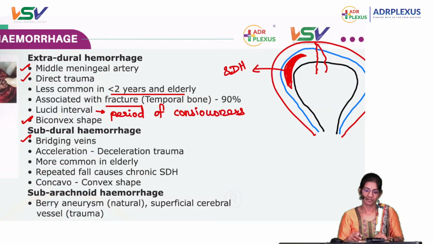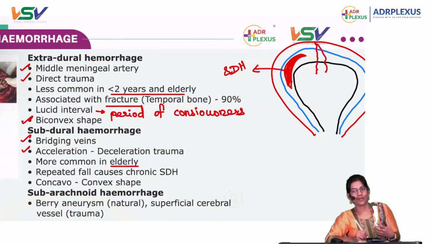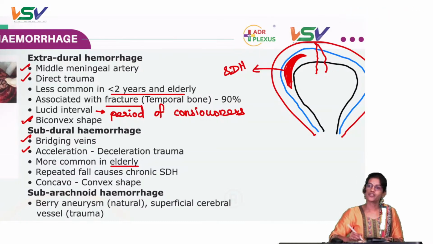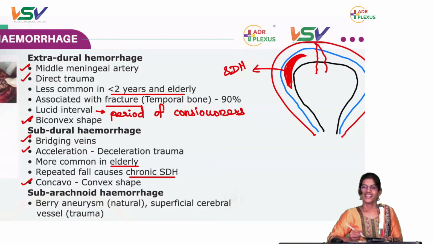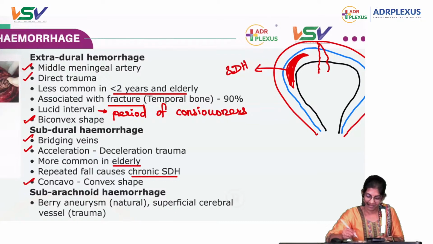More common in elderly because the brain has atrophied, the vessels are becoming more and more calcified, and cholesterol is getting deposited there. Repeated fall produces chronic subdural hemorrhage, concavo-convex in shape.